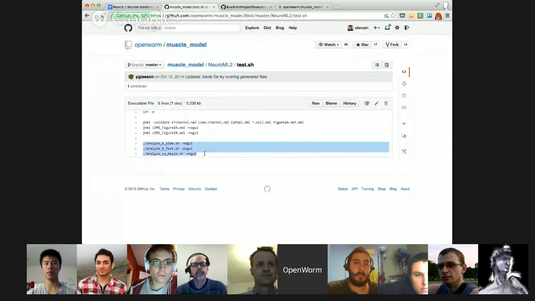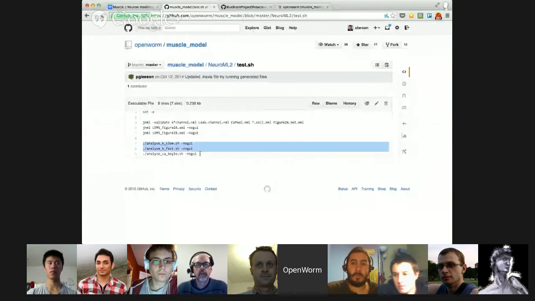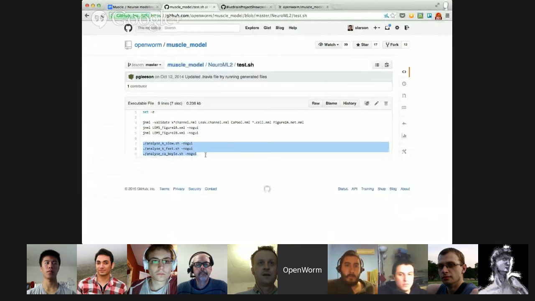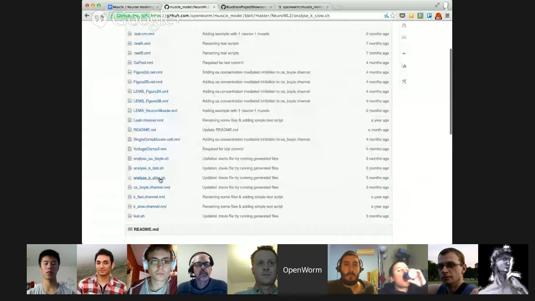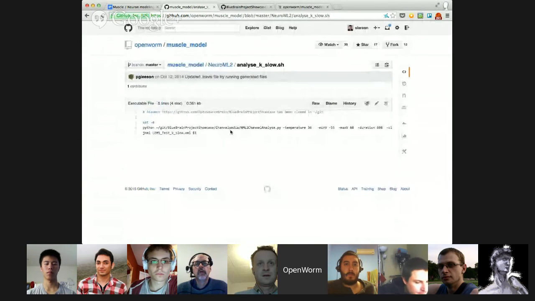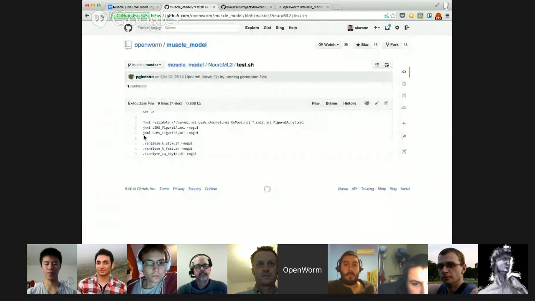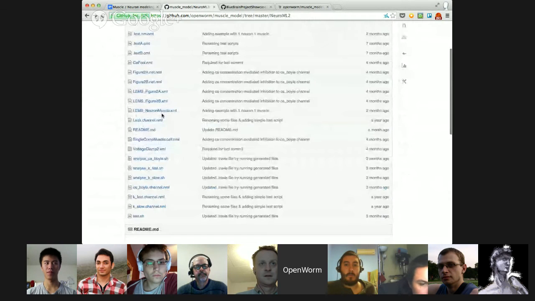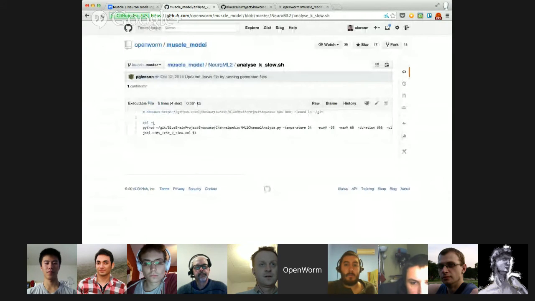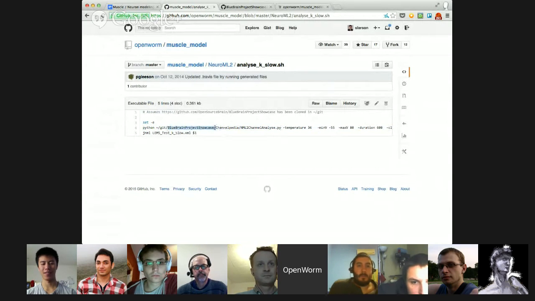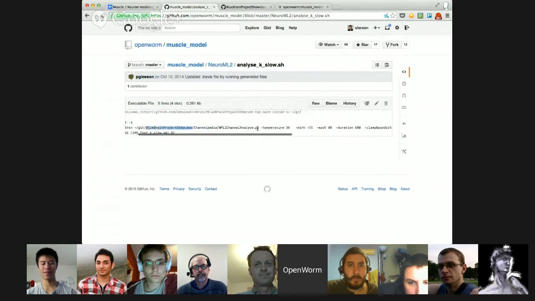Okay, and then there are these other three scripts you were starting to talk about. Let's look at analyze case flow .sh and what's going on there. What these three are doing is going beyond just running the simulation for these two files. The first thing is that they are running NML2 channel analyze.py, which is one of the key bits from the Blue Brain Project Showcase.